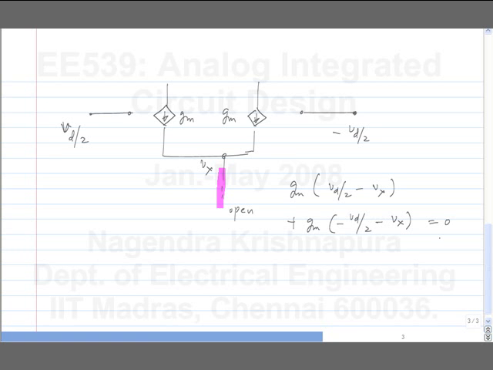Now you can't do the same thing if you have GDS. So if you have GDS, Vx will be 0 only if these two voltages are also, this is some V2 and this is minus V2. Only then will Vx be exactly 0.